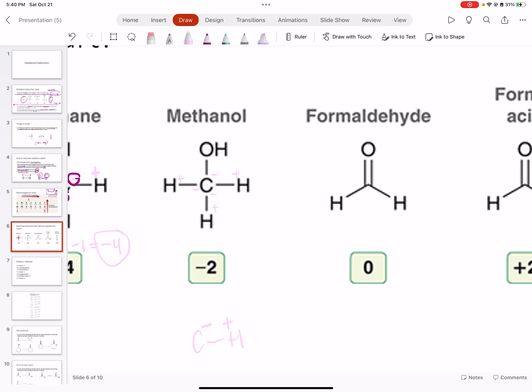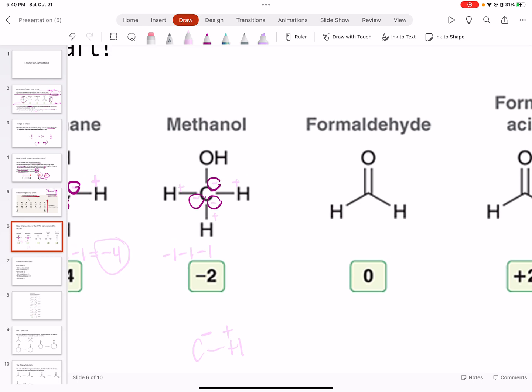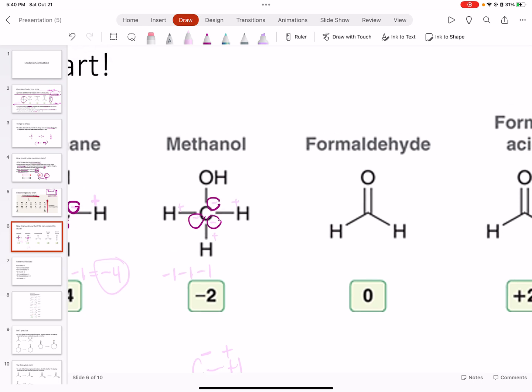So we don't get confused, we have 1, 2, 3 so far, so we're going to do -1, -1, -1. And then if we look at the carbon-oxygen bond right here, we said before that oxygen is more electronegative than carbon. Therefore, oxygen is the one carrying a negative charge, and carbon is the one carrying a positive charge.